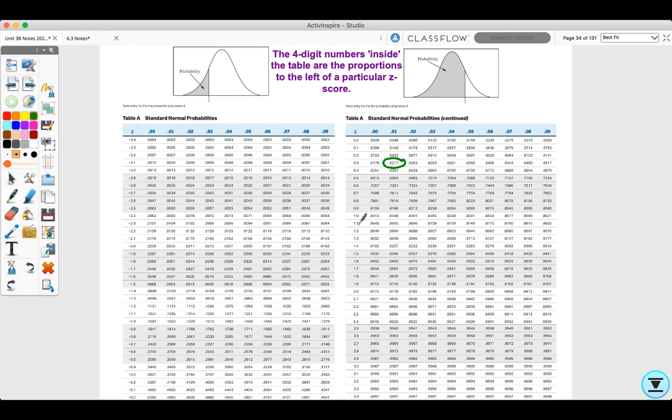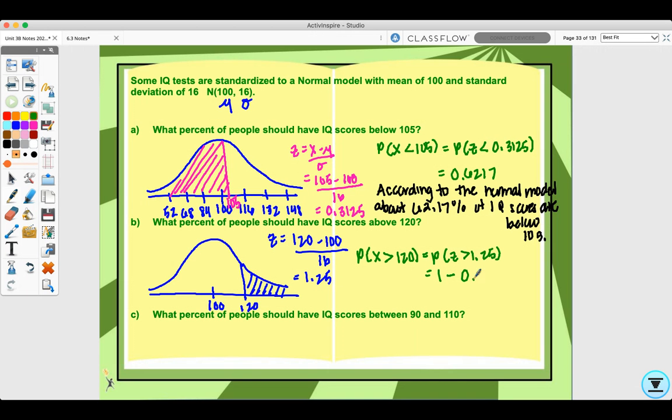So 1.25 would be right here, 0.8944. And that would be 0.1056.